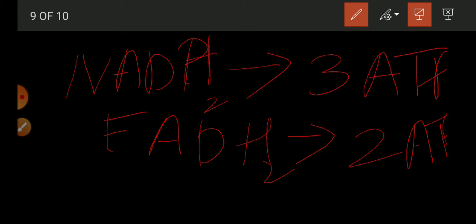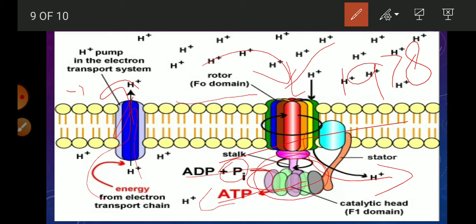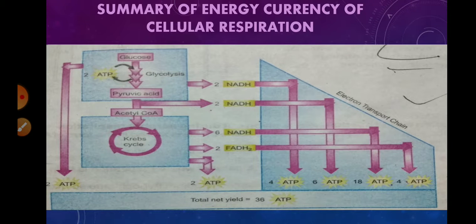So at the end of this process, we get almost 32 to 34 ATPs in the electron transport chain, and the remaining in the previous steps.